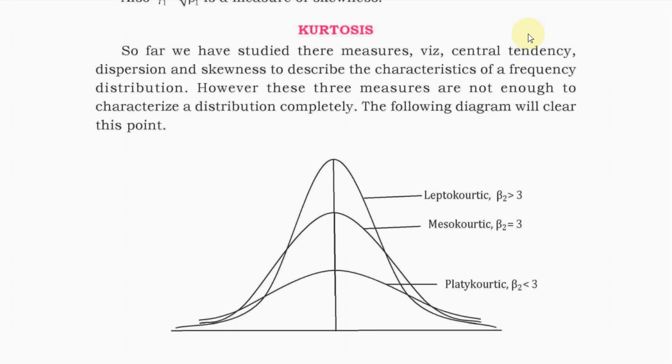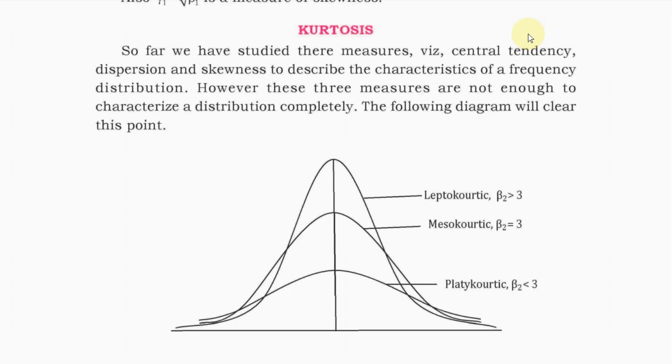Now the last measure for a univariate data is to see how concentrated the values of a given data are. Central tendency generates a single central number. Dispersion validates that central tendency, or checks the variability among the values in a given data.